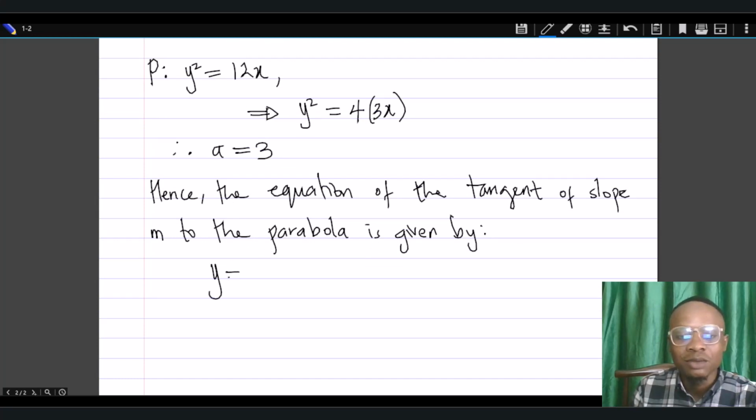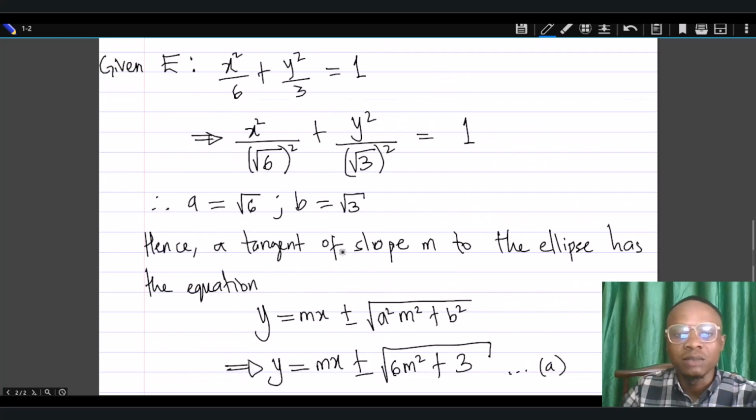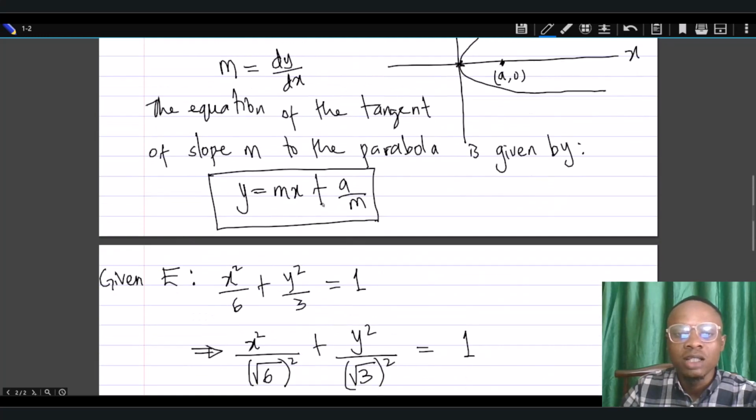We saw that it was going to be equal to mx plus a over m. So we have that to be mx plus a over m.